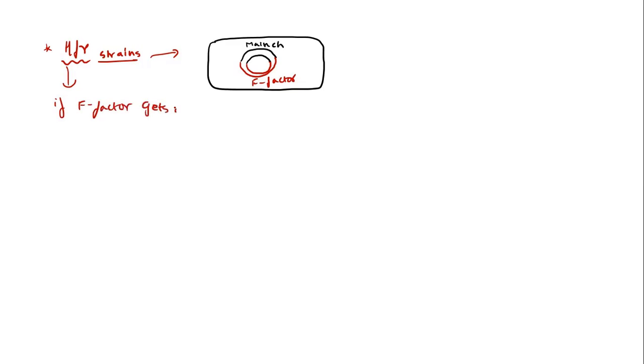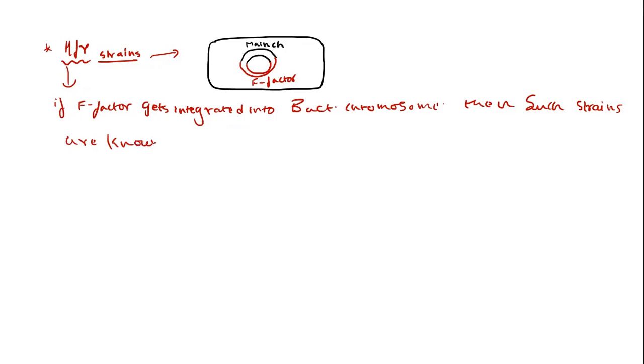So if the F factor gets integrated into the bacterial chromosome, then such strains are called HFR strains. तो ऐसे strains को HFR strains कहा जाता है. I hope that makes sense to everyone. So if the F factor gets integrated into the bacterial chromosome, then such strains are known as HFR strains, right?